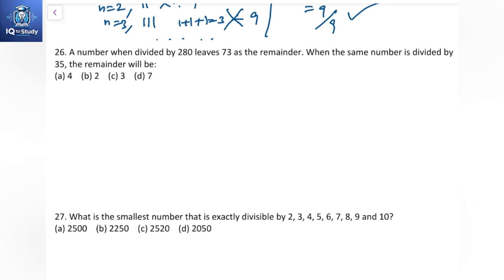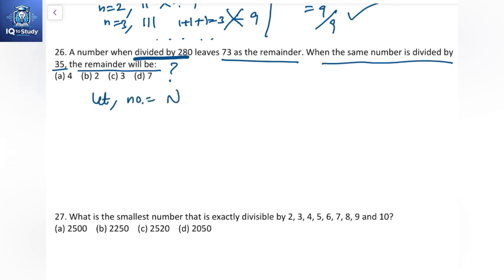A number, when divided by 280, leaves 73 as remainder. When the same number is divided by 35, then the remainder will be. Let the number be n. Then n is equal to 280k plus 73.